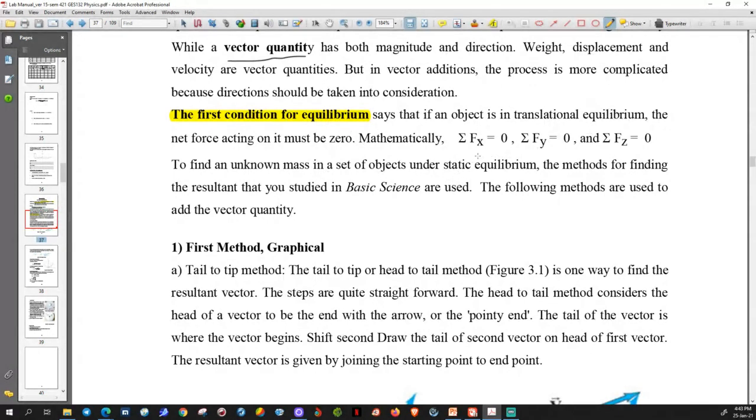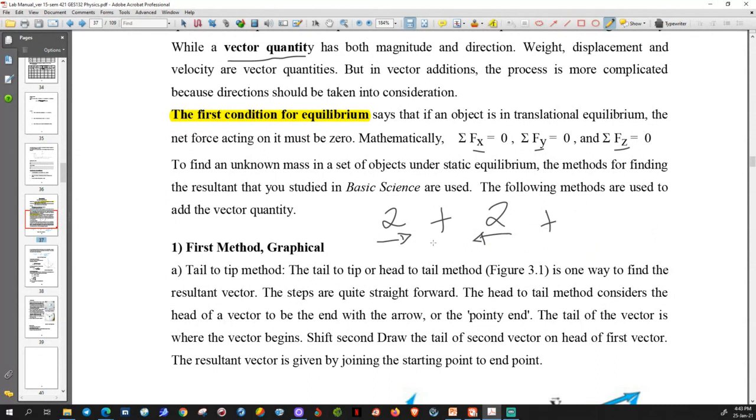Therefore, if you take all the forces in the x-axis, y-axis, and even z for a 3-dimensional system, the total will always be 0. Let's keep it as numbers. Sorry, I made a mistake in adding.